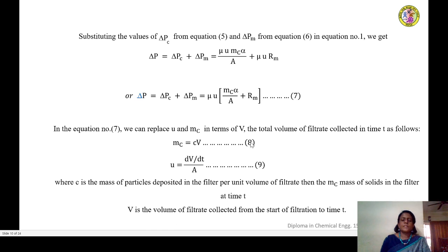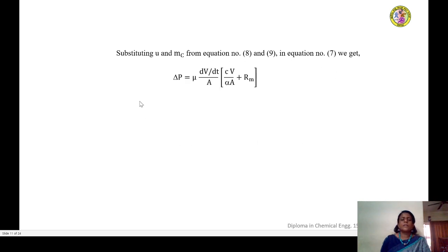So here, as I already told you, V is the volume of filtrate collected from the start of the filtration till a time t is reached. Substituting U and MC from the 8 and 9 equations in equation number 7, we get delta P is equal to mu dV by dt by A into CV divided by alpha A plus Rm.